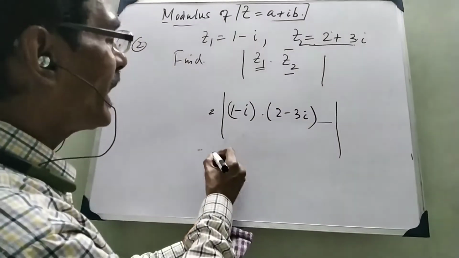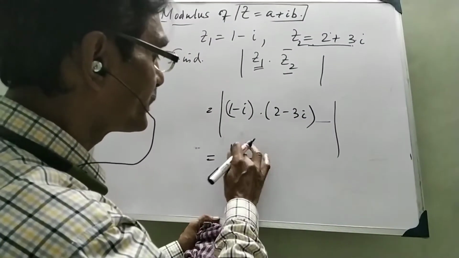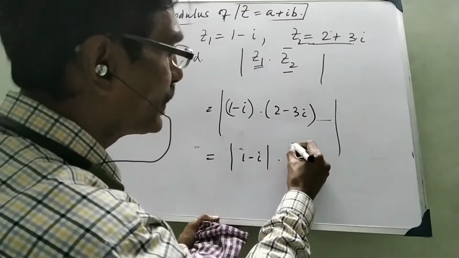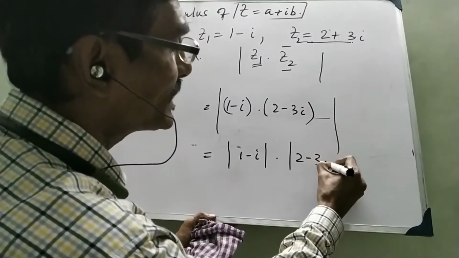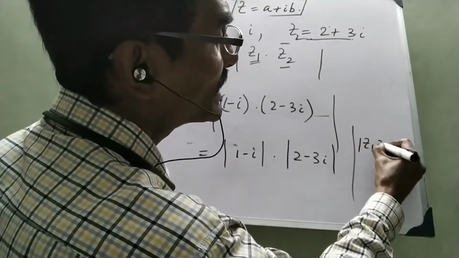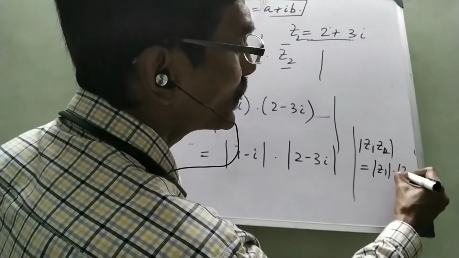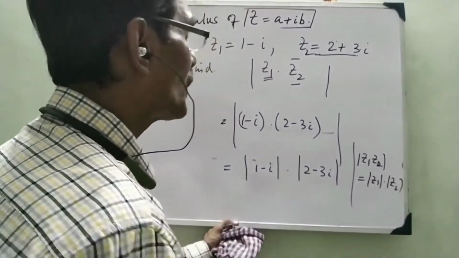Now again we are using the property, that is modulus of first into modulus of second, in bracket must write the reason as modulus z1 z2 equal to mod of z1 into mod of z2, using the property.